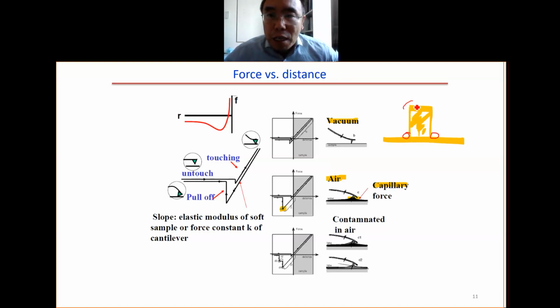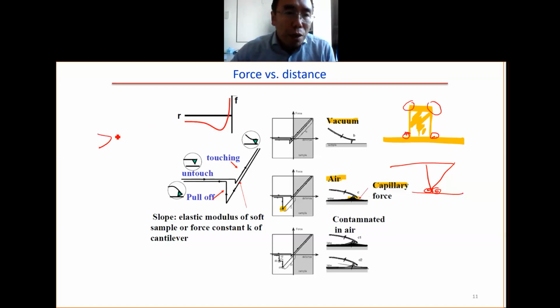But those parts here have no water condensation, while there's some water condensation at this part. So we have the AFM probe. This is the AFM probe. There is also water condensation here and here. That's why this will happen. When the humidity in the air is bigger than 20%, you will get this water condensation. Effectively, the tip always touches a very small amount of water.